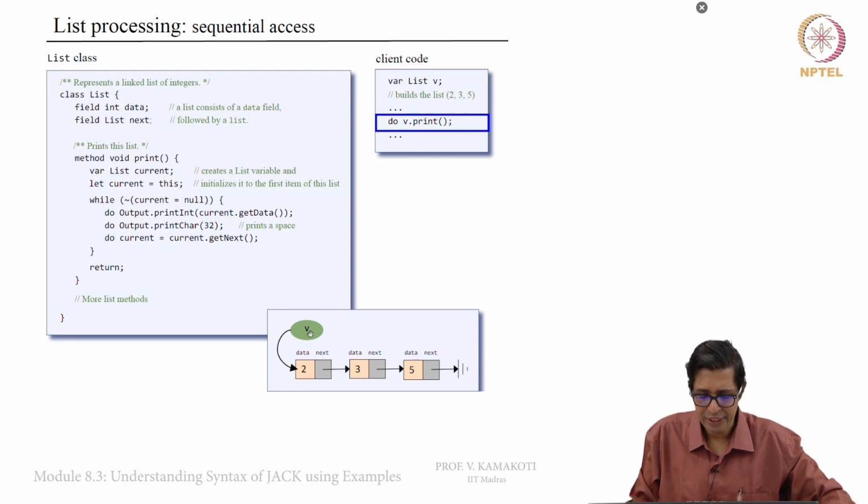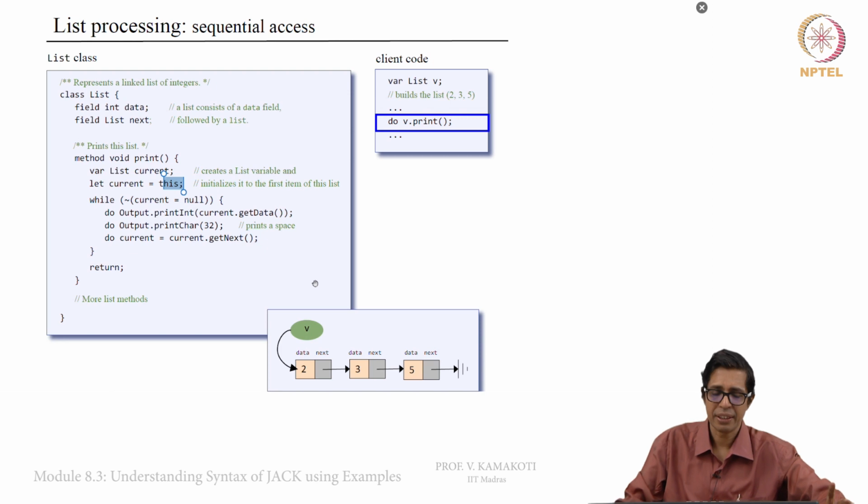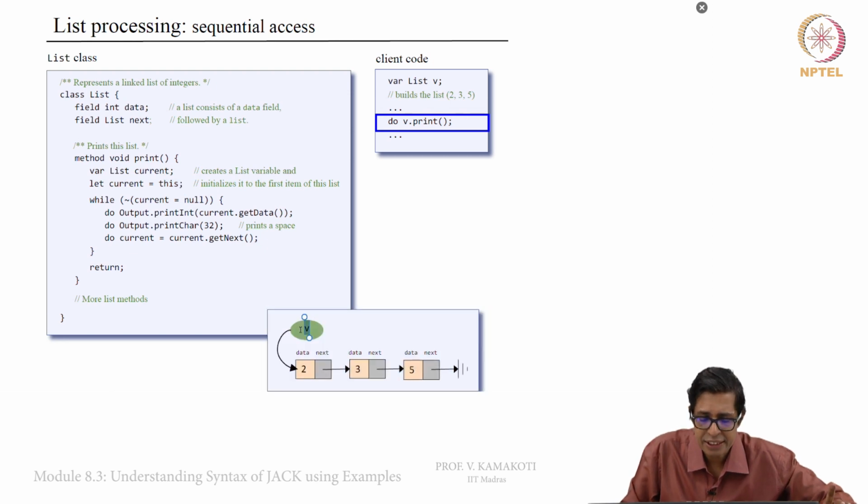So you start with current as this, which means V. That is where this becomes very useful. This means the current object, and then current is this V. Now while current is not equal to null, you keep repeating: print get data of V, which will print, and then it will put a space. Then current is equal to current dot get next.